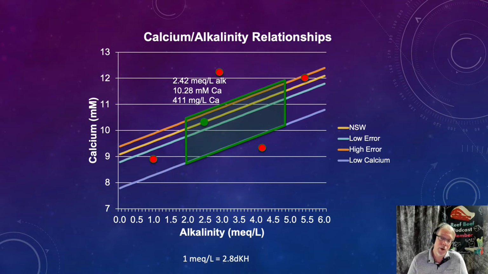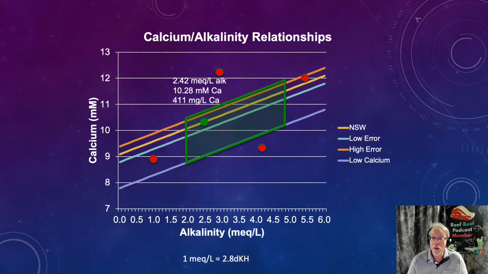So that's how I devised this graph. If you're outside the box and you add calcium, you move along a horizontal line. If you add alkalinity, you move along a vertical line.